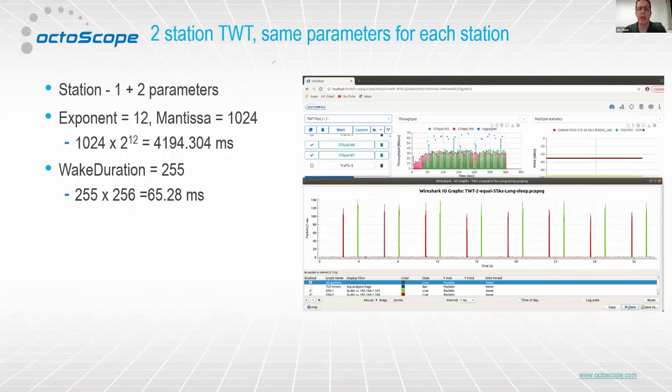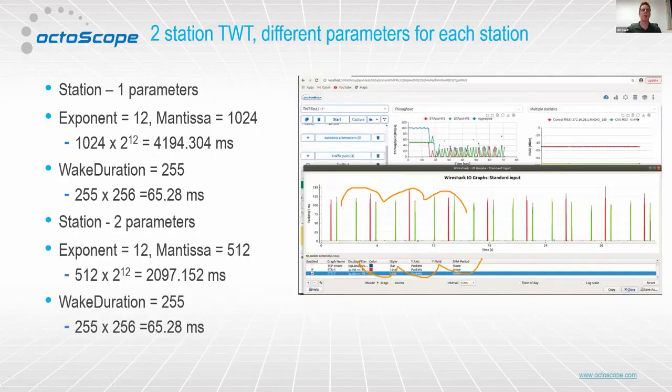As you can see, the stations are separated, one red and one green, in the IO graph chart here. Although they have the exact same parameters, the offset in the timing of when they start keeps them from transmitting over each other. You can see that the timing is very precise and they're very periodic here.